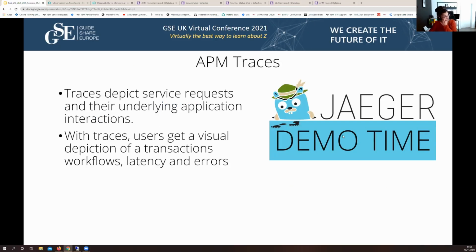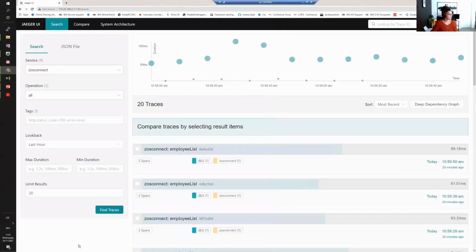I'm just going to show you an example of APM traces, what it means, just so we're all on the same level as we go through the rest of the session. So this is Jaeger. It's an open source distributed tracing platform, in short, an APM, but open source. And I'm just using a very simple example just to explain what traces are and what they mean.